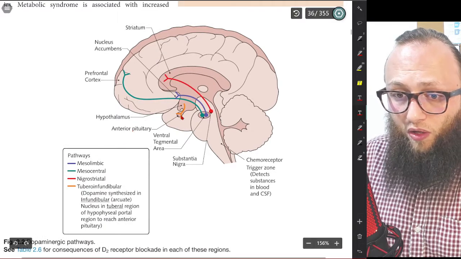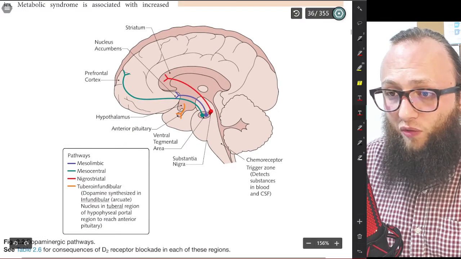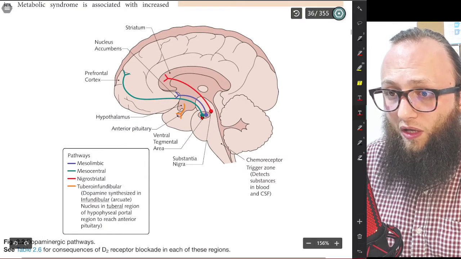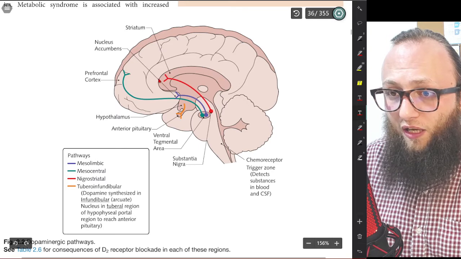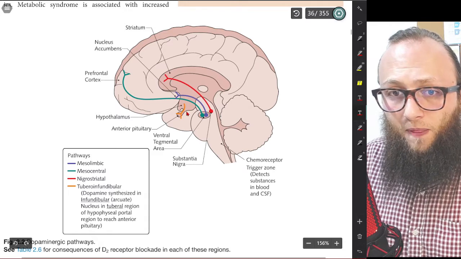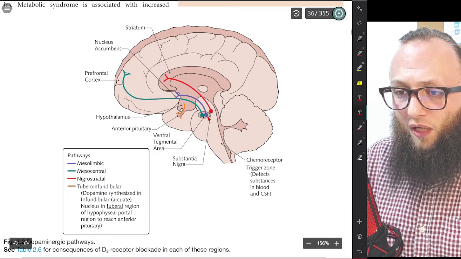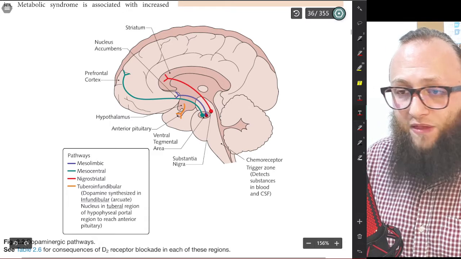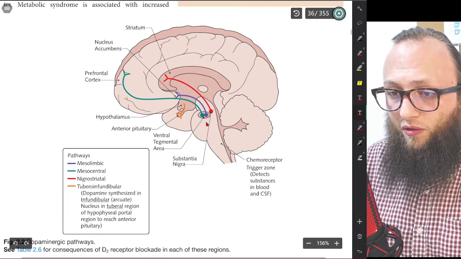So, as we know, for dopaminergic pathways, we have the mesolimbic pathway, mesocortical pathway, nigrostriatal pathway, and tuberoinfundibular pathway. I would say the therapeutic effect is from the blockage in the mesolimbic pathway.